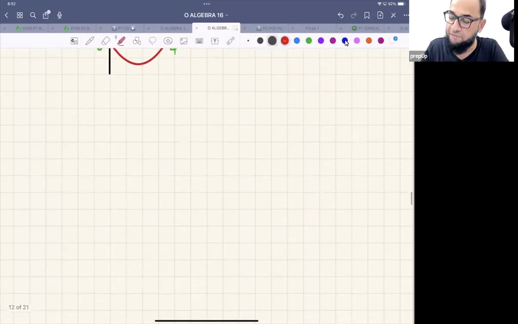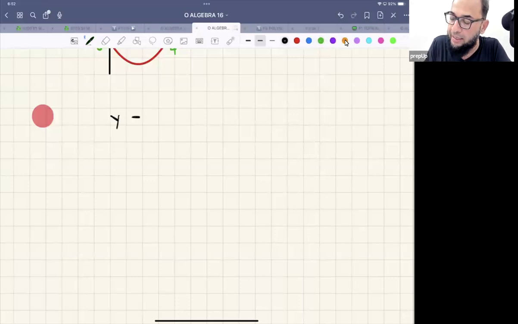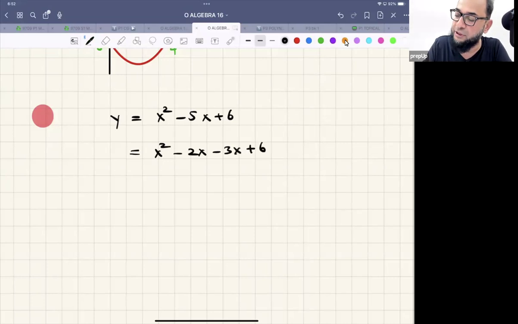Another graph, something like y is equals to x square minus 5x plus 6. Factorize: x square minus 2x minus 3x plus 6. Double check, no harm. 1 into 6 is 6, minus 2 into minus 3 is minus 5, add up, minus 2 into minus 3 is plus 6, that's all good.